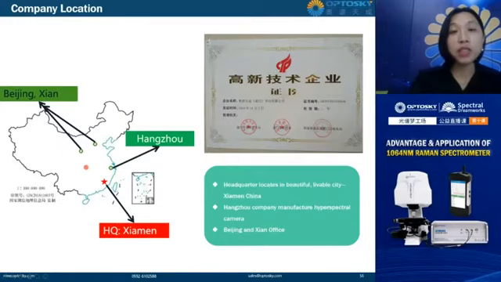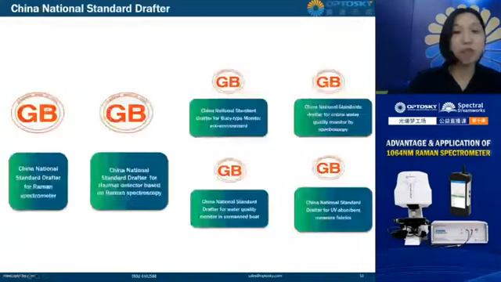And this is our certificate of high technology industry. And we have our headquarters located in Xiamen. And Hangzhou is our subsidiary company, mainly focused on manufacturing hyperspectral cameras. And we also have some branches in Beijing and Xi'an.